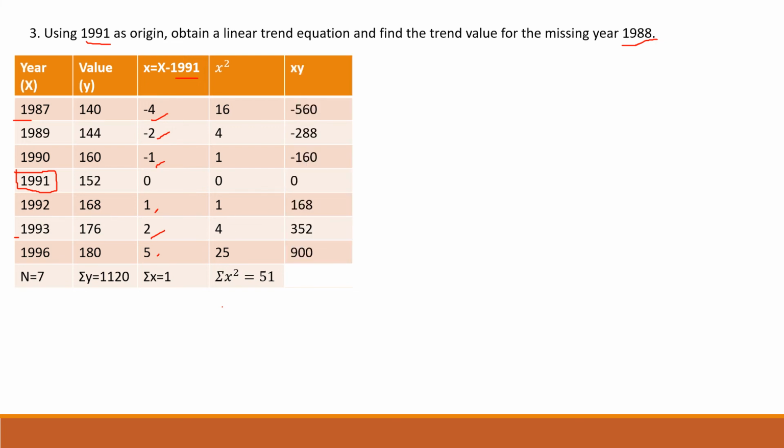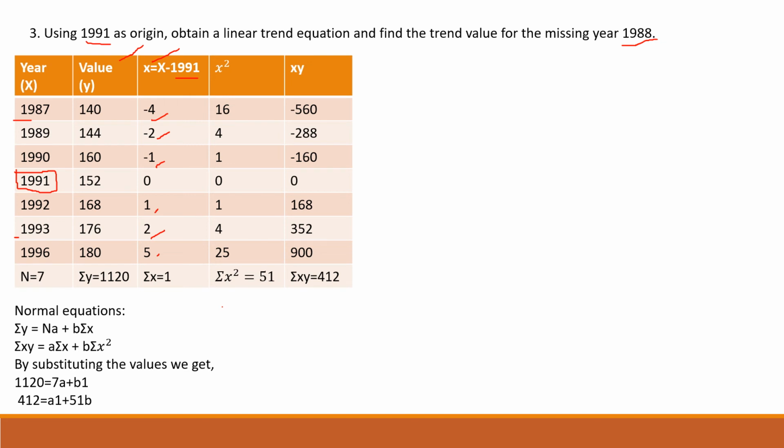So xy means the x column multiplied with the y column. By that we get the values minus 560, minus 288, minus 160, 168, 352, 900. So summation xy equals 412. This information is available. Now we have to use the normal equations.